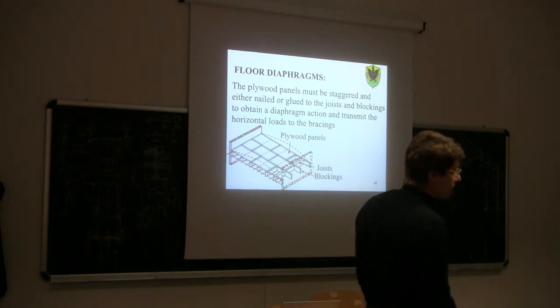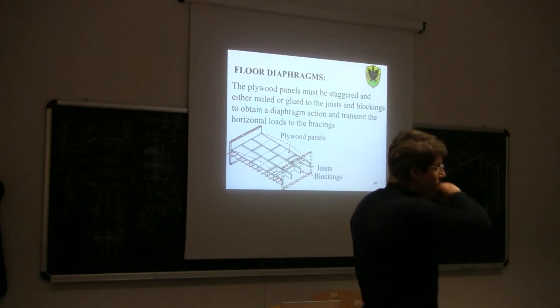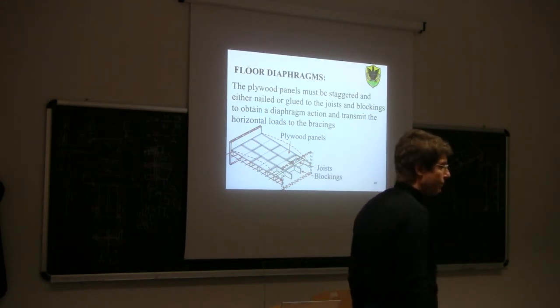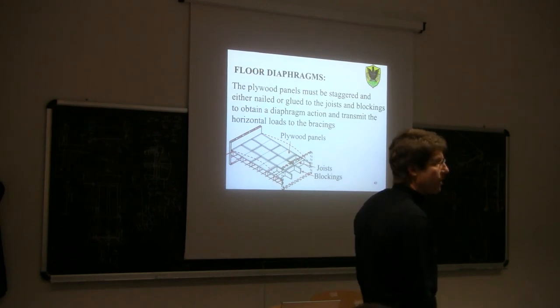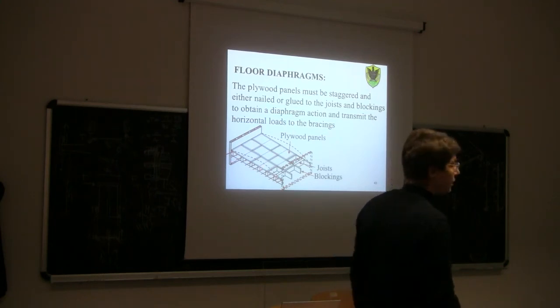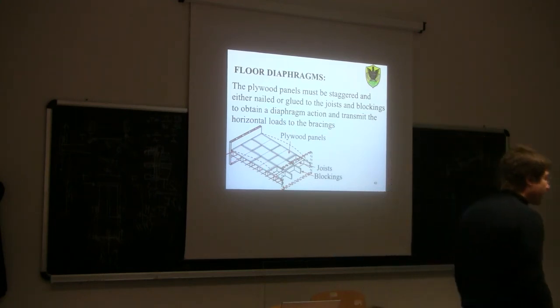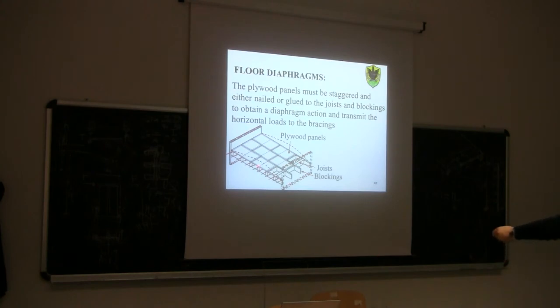The blocking is loaded parallel or perpendicular to the grain? So the blocking is loaded in which direction? Parallel to the grain. And the joists are loaded perpendicular to the grain. So how can we solve this problem? How can we get a tensile strength out of this arrangement?